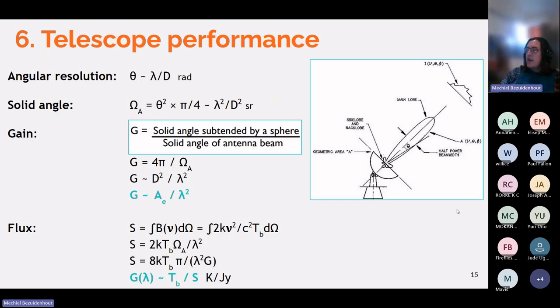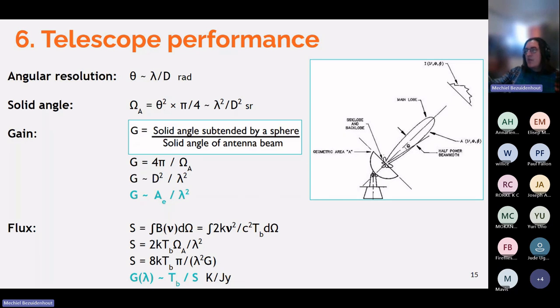And so you can define a beam pattern as the one on the right, which has a main lobe in the center, and then side lobes and back lobes off to the side. For the most part, the main lobe is the region on the sky that you are able to observe with the telescope, so if you make an image, it's that region of the sky defined by this main lobe of the beam that you will be able to see.